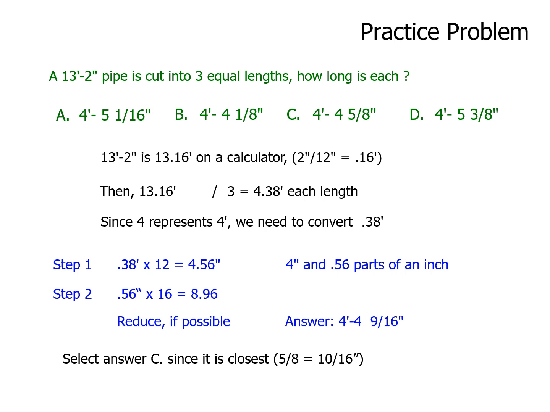Yeah, if you would have used 0.166, you would have come up with 5/8. If you would have used 0.17, you would have come up with 11/16. So either way, you're within a 1/16 of an inch increment. Nowhere in the test are they ever going to hold you within a 1/16 of an inch. I mean, think how tight that is. Okay, so they're not going to do it to you.